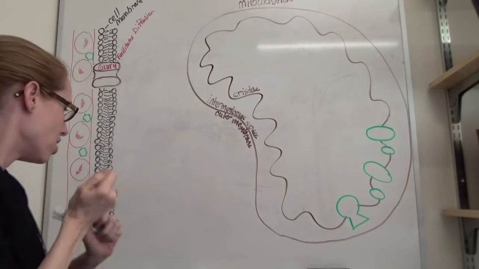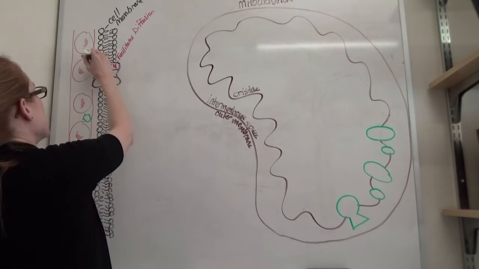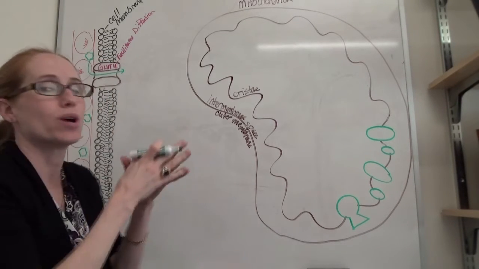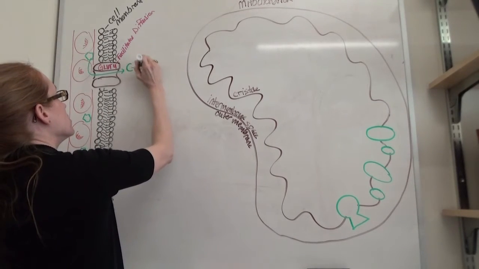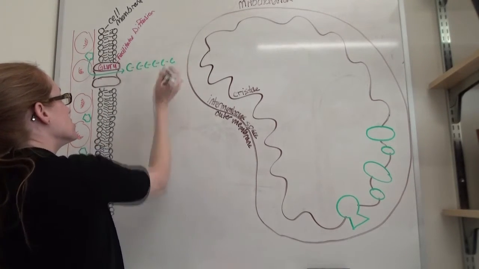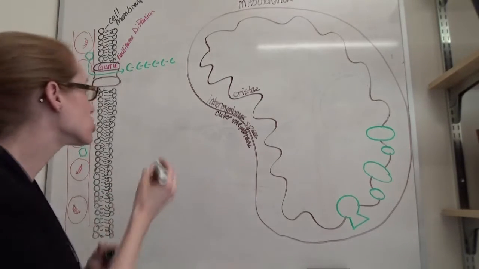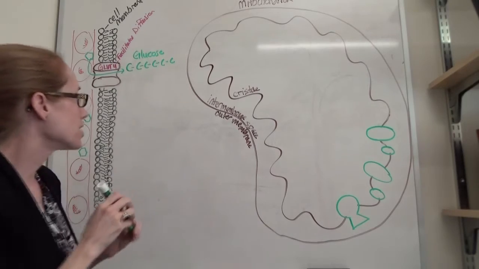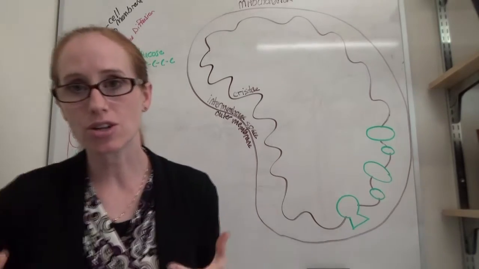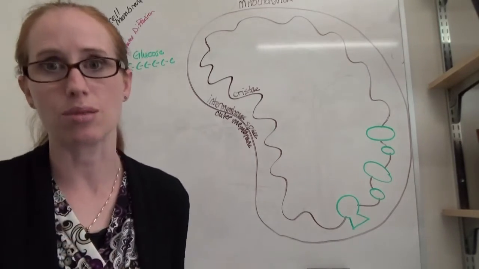All right, so as soon as this glucose comes in, I'm going to open it up into a 6-carbon chain instead of having it as a ring. So here we have this 6-carbon chain. This is glucose. Okay, so the first thing we want to do, remember, to get the energy out of these molecules, we simply have to break the bonds.